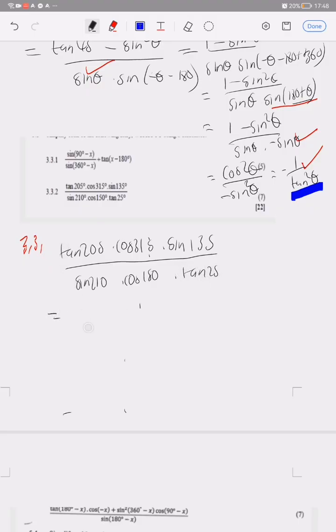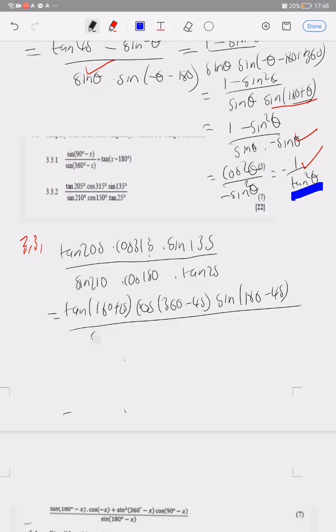All right, so what do we do? I'll start with this one. It is a tan of 180 plus 25. This one will be a cos of 360 minus 45. This one will be a sine of 180 minus 45.